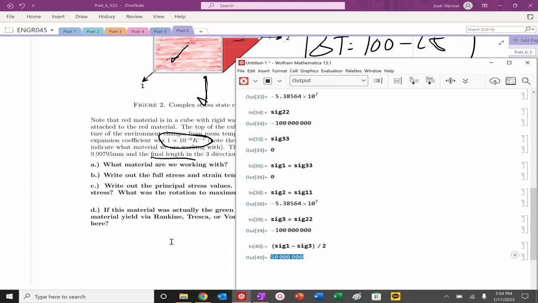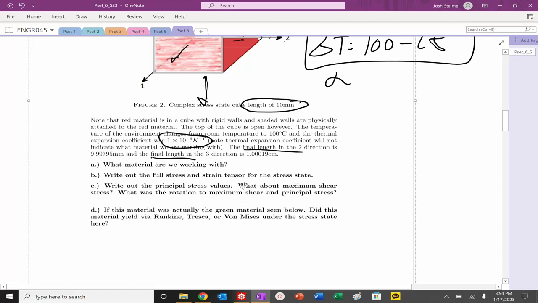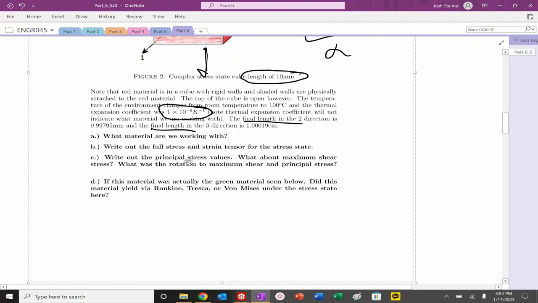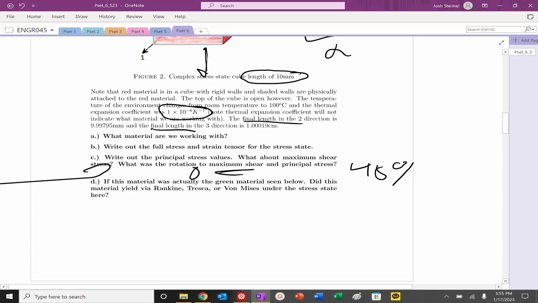That would be my value there. So that's going to be my maximum shear stress. So what about the rotation to get to maximum shear and principal stress? I'm already in my principal stress state, so that rotation is going to be 0 degrees. To get to maximum shear, 45 degrees.